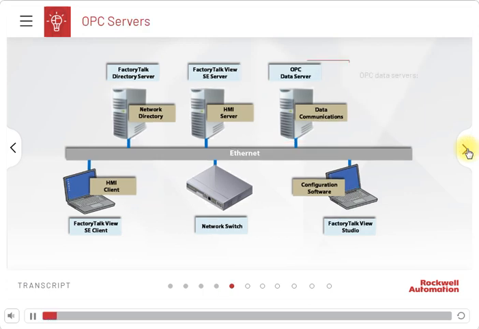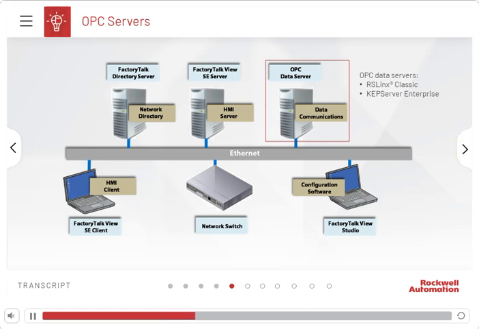FactoryTalk View SE software comes with two OPC data servers, RSLinx Classic and KEPServerEnterprise. If RSLinx Classic runs on the same computer as the FactoryTalk View SE server, then RSLinx Classic does not need an activation key.